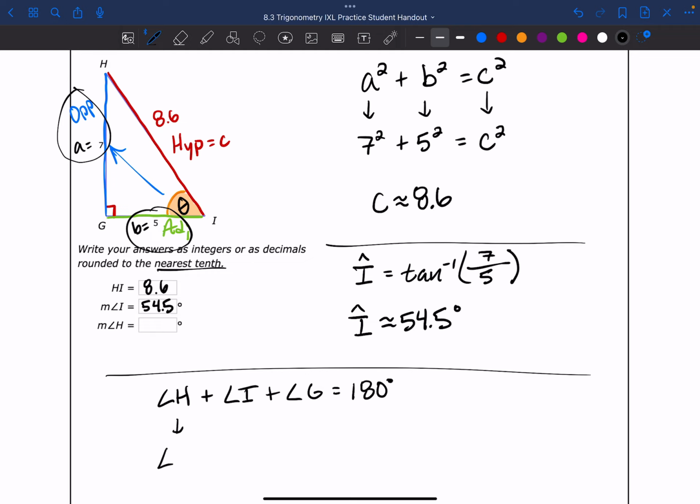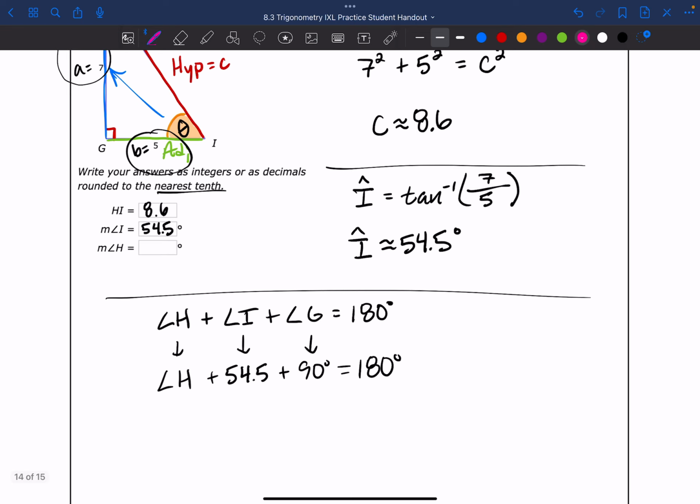I'm looking for angle H, so I'm going to keep that. I know angle I, I just found it as roughly 54.5, plus angle G, which is the 90. Again, this is the 90. They should all equal 180 degrees.